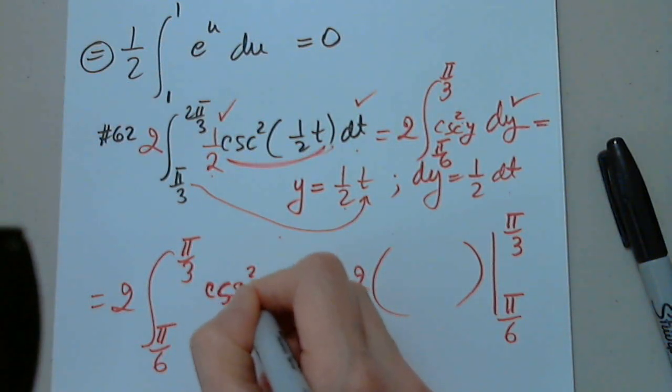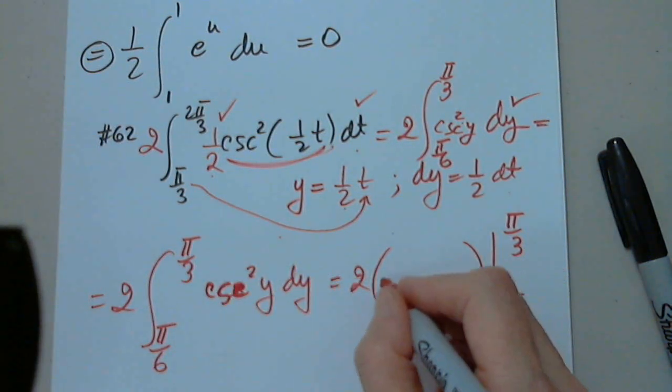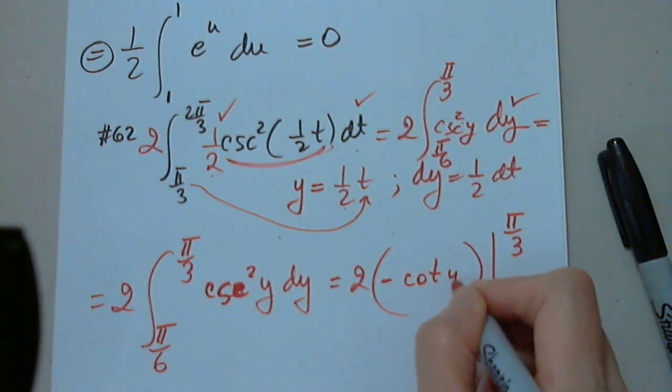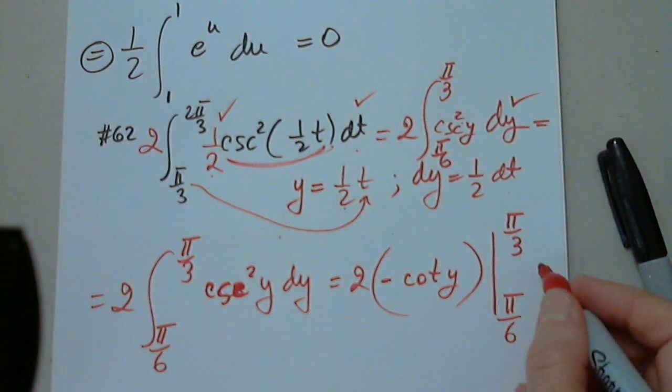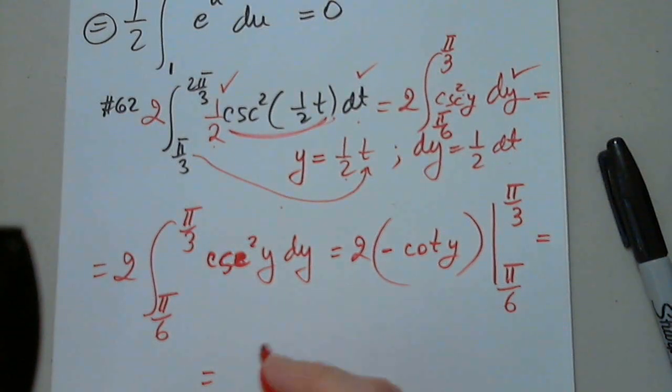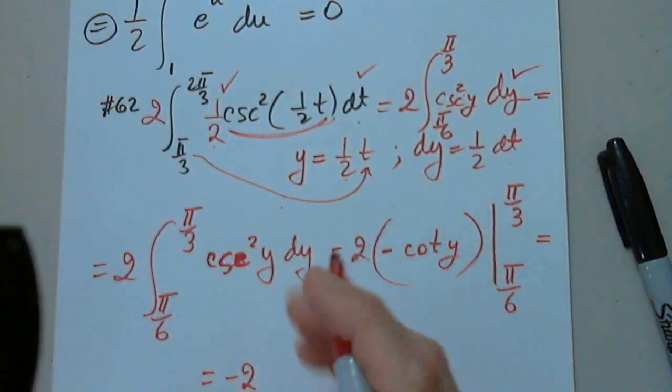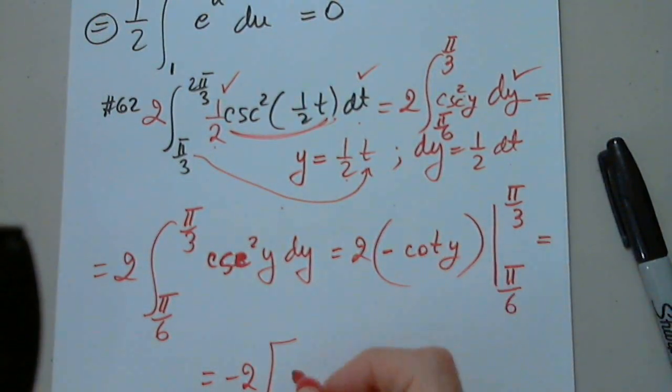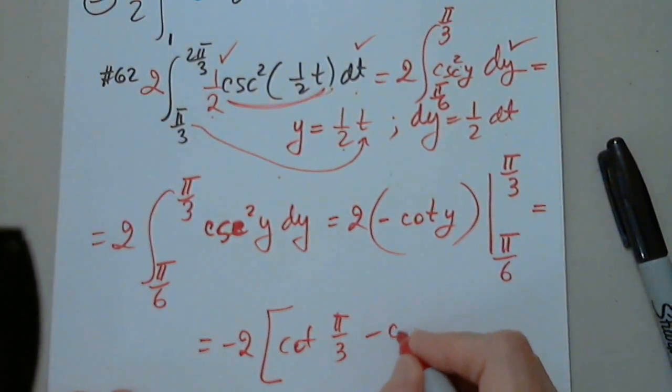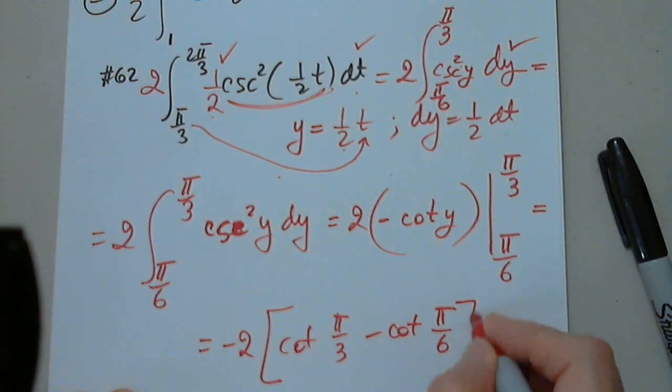Negative tangent. Excellent. Good. So then we have -2 outside. Leave the constants outside. So I have cotangent pi over 3 minus cotangent pi over 6.